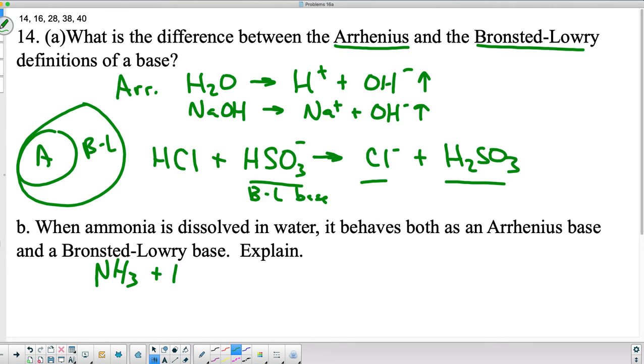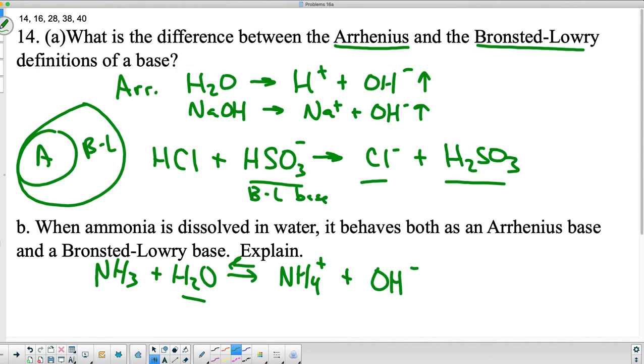Well, so here's what we mean by that. Ammonia is added to water, so it looks like this. This is an equilibrium because, well, you'll see. In this situation, I get water donating a proton, so it actually becomes the acid in this scenario because it donates its proton to NH3, which turns into NH4 plus, which we know, and then we get OH minus.